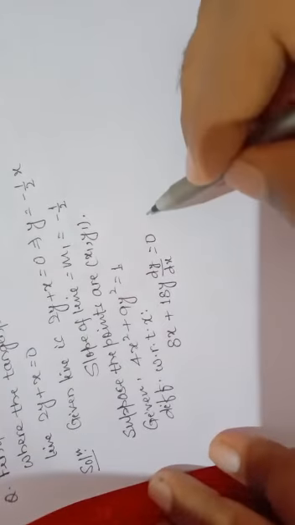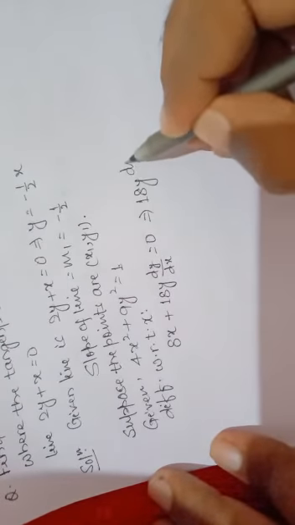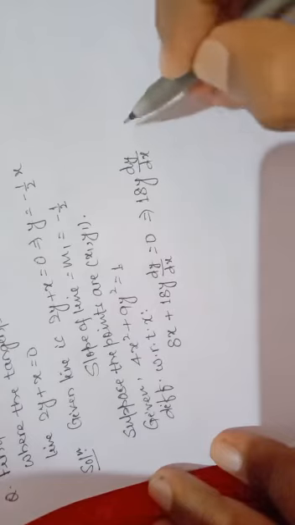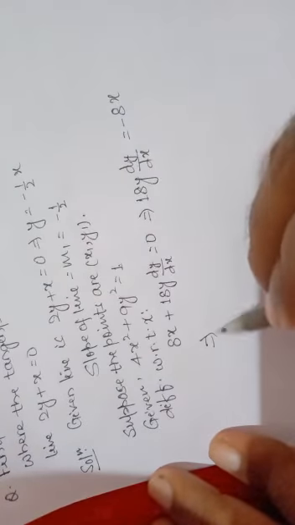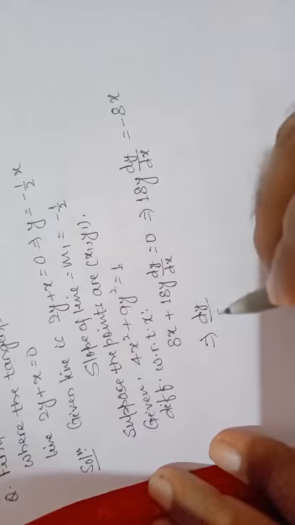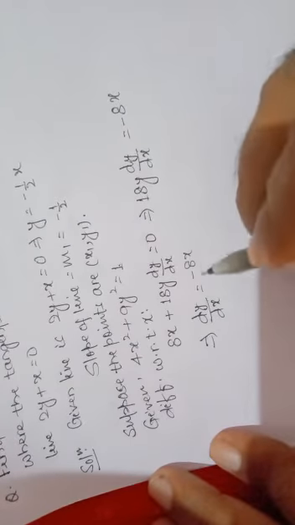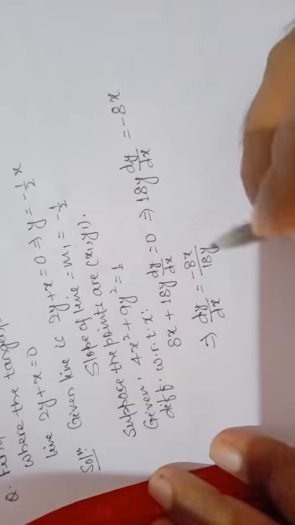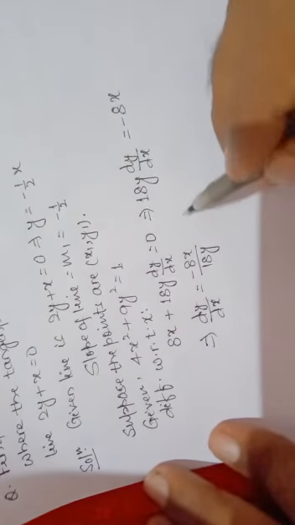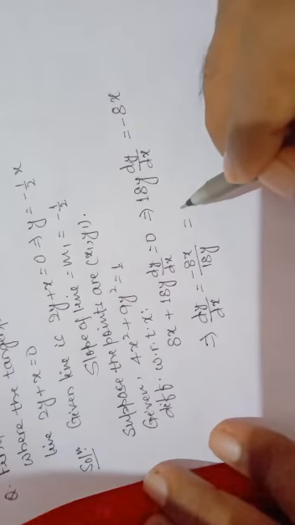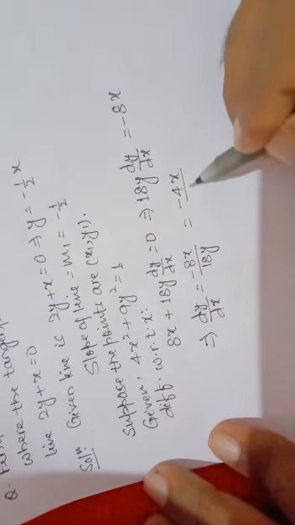From here calculate dy/dx. 18y dy/dx will be minus 8x, and hence dy/dx is equal to minus 8x/18y. Cancel it by 2. So finally minus 4x/9y.